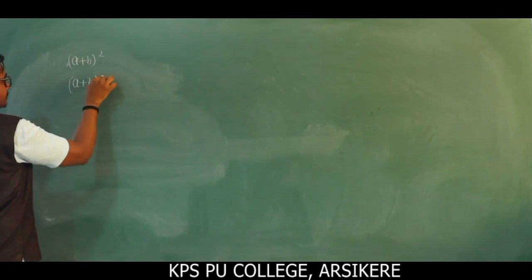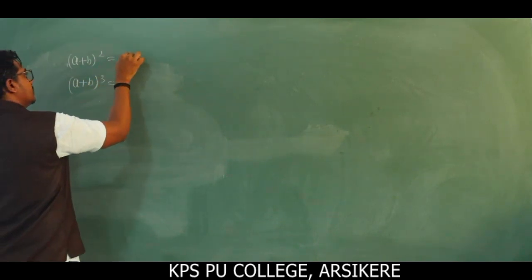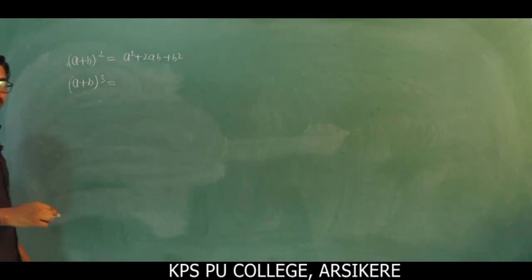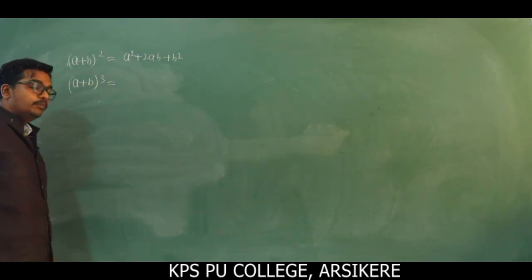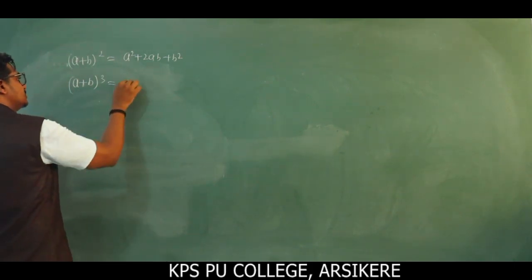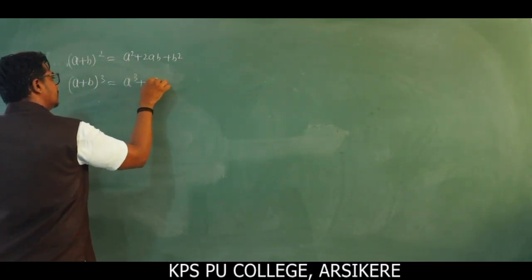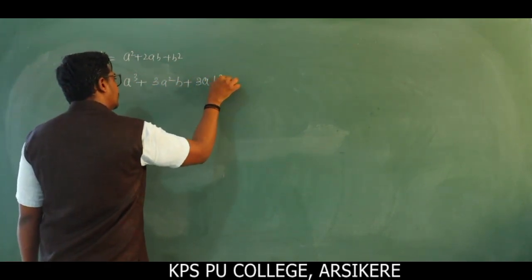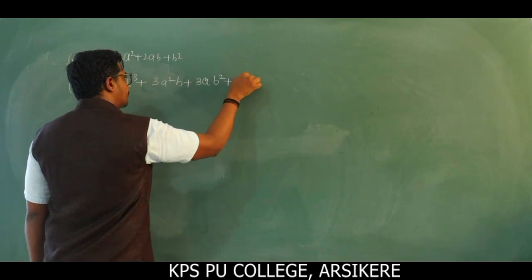A plus b whole square is a square plus 2ab plus b square, and a plus b whole cube is a cube plus b cube plus 3ab into a plus b, or else this can also be written as a cube plus 3a square b plus 3ab square plus b cube.